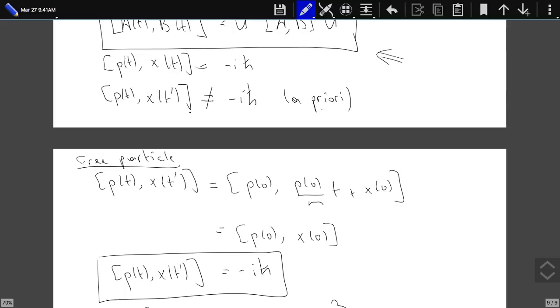For a free particle, it just turns out to be minus i h bar. For a non-free particle, it won't be. Or, well, maybe, we will see.